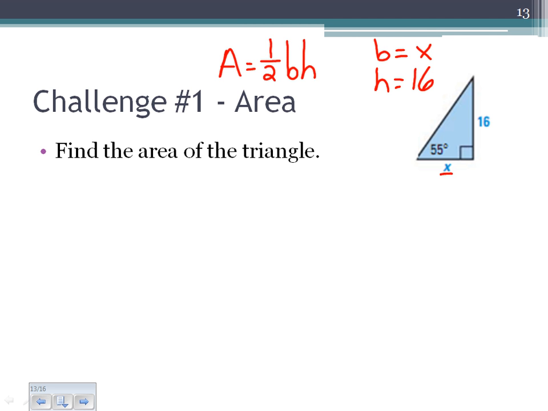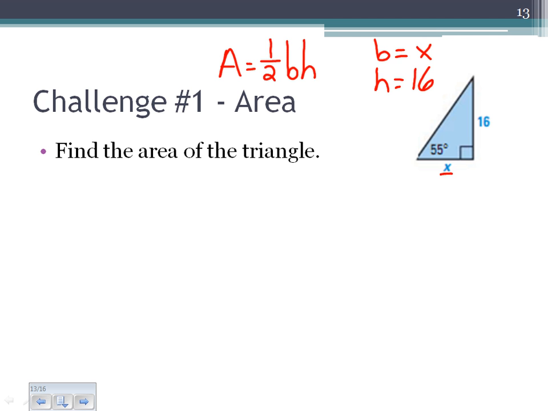How would you find that? So you've got to find x first.